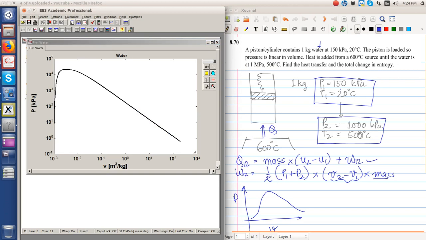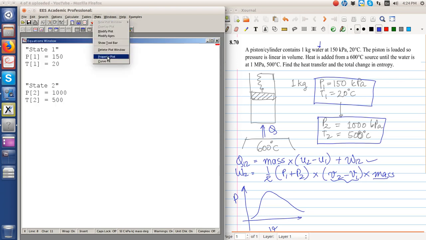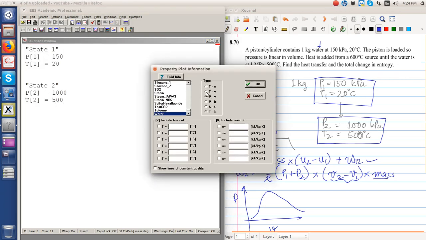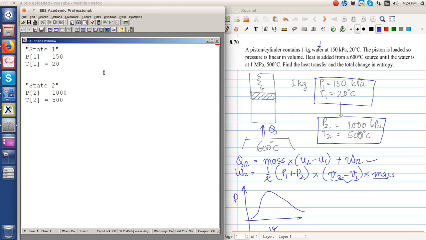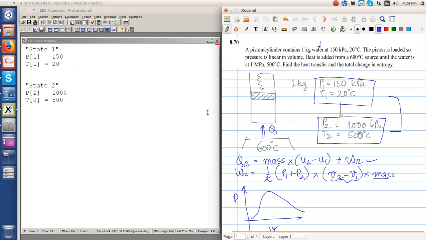So 150 kilopascal is somewhere over here, and we must do it in the PT plot. Let's see if that is available to us. So we do not have any PT plot available. So anyway, we'll see in the end where the points lie, but it is important to know that these two state points are very trivial to find out because all the properties are known.